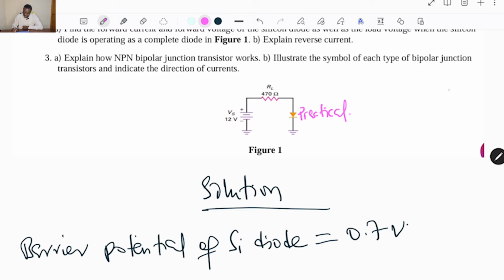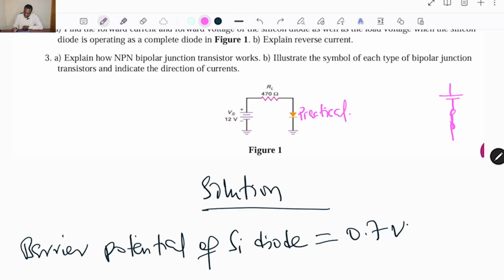So the place where we have the diode, I can replace that diode by 0.7 volts of its barrier potential, and then we have a closed circuit. Then we connect everything.